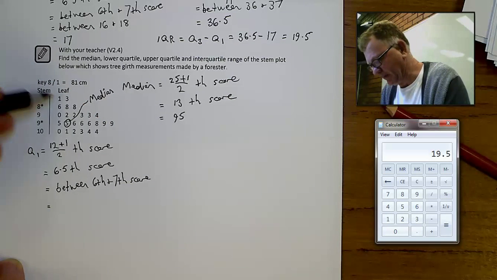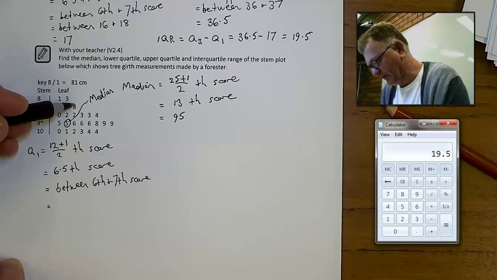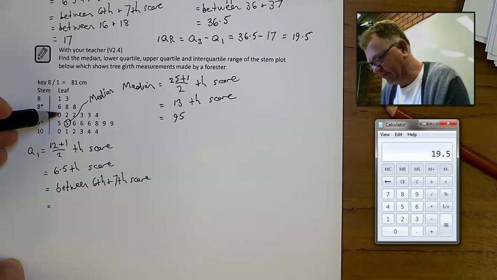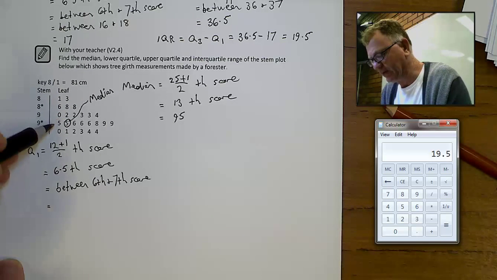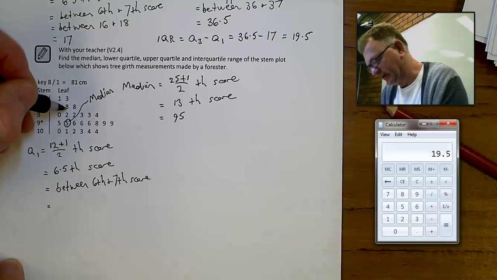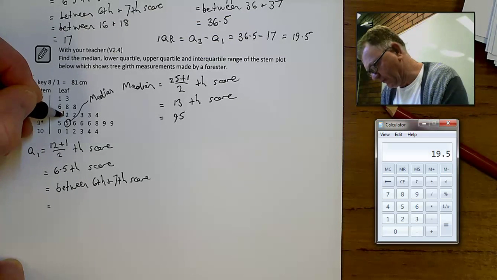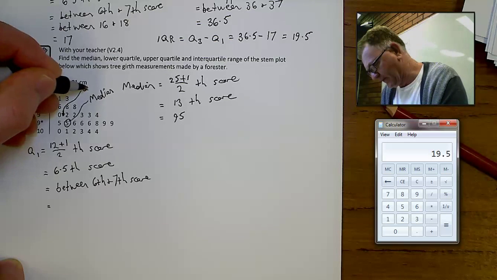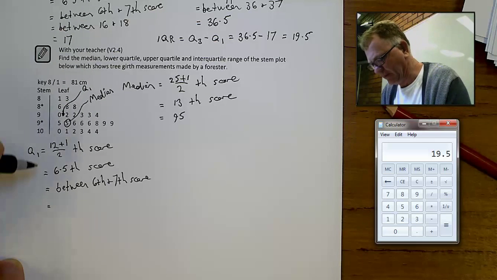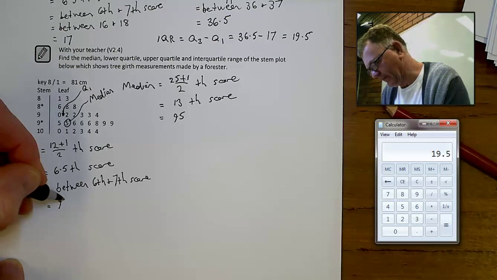And you can count them up. 1, 2, 3, 5, 6. That's the 6th score, and that's the 7th score. So the 6th score is 90. The 7th score is 92. And the lower quartile fits just here. So that must mean it's 91.